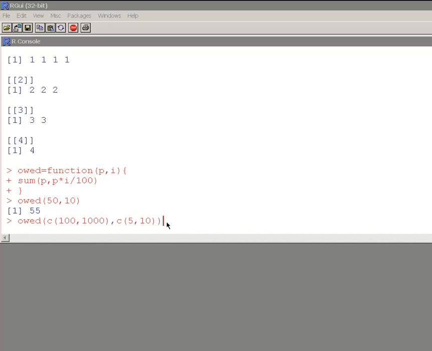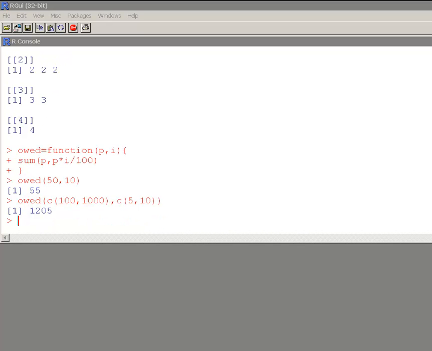What I'd like to get out of this is two cases. One is the case where I borrowed 100 and the interest rate was 5%, so what do I owe? And the other is that I borrowed 1,000 and the interest rate is 10%. So I'd like to get two answers for those two scenarios, but it's not going to do that. When I enter it, it gives me some weird answer, which is not what I wanted.